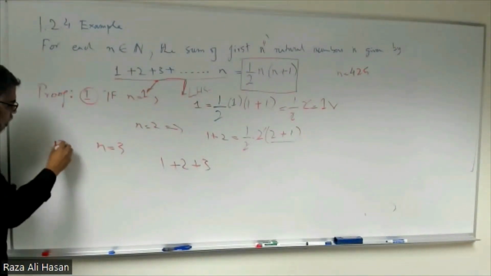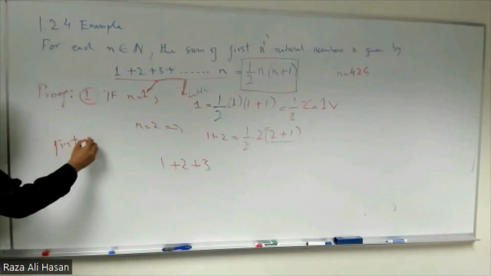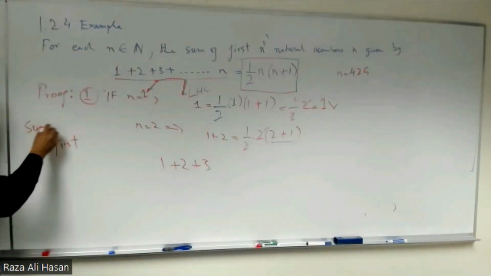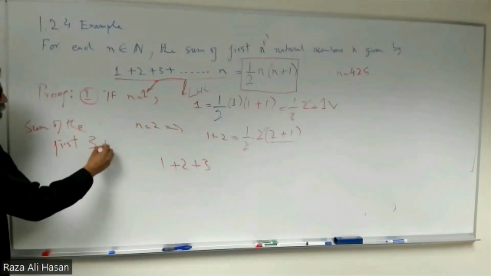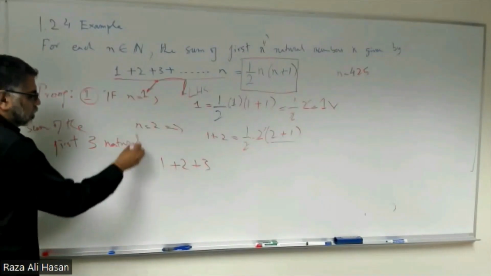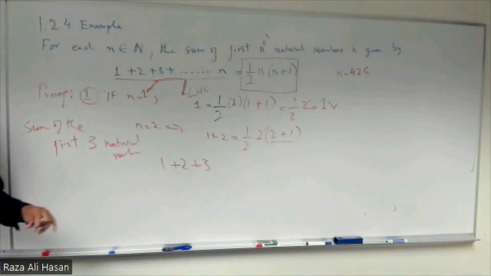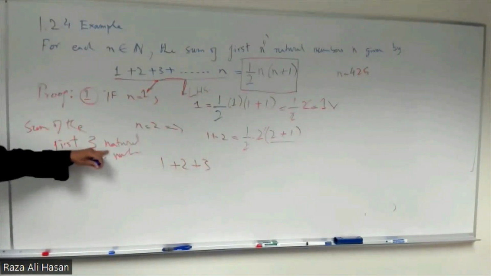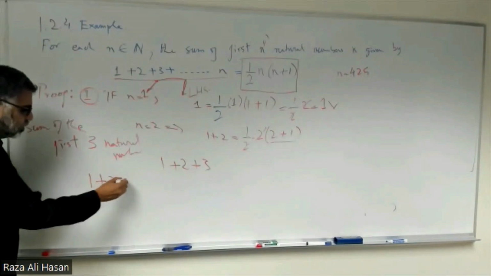So first 3. What is the sum of the first 3 natural numbers? Good thing we stopped. The sum of the first 3 natural numbers is adding the first 3 natural numbers.